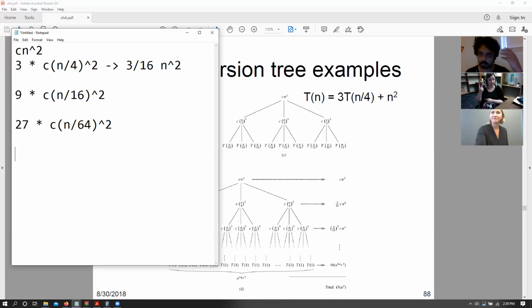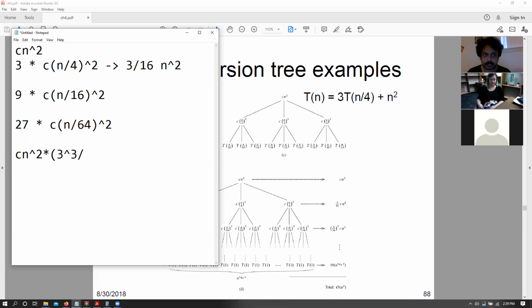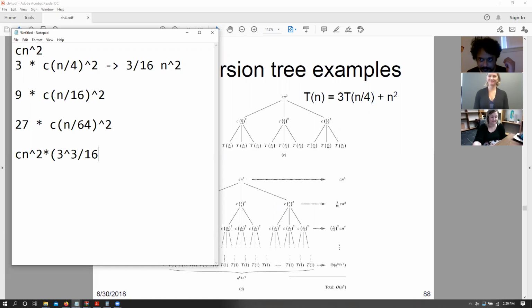That can also be written as Cn squared times 3 cubed, because 3 times 3 times 3, 9 times 3, 27, divided by 4 cubed, my bad.